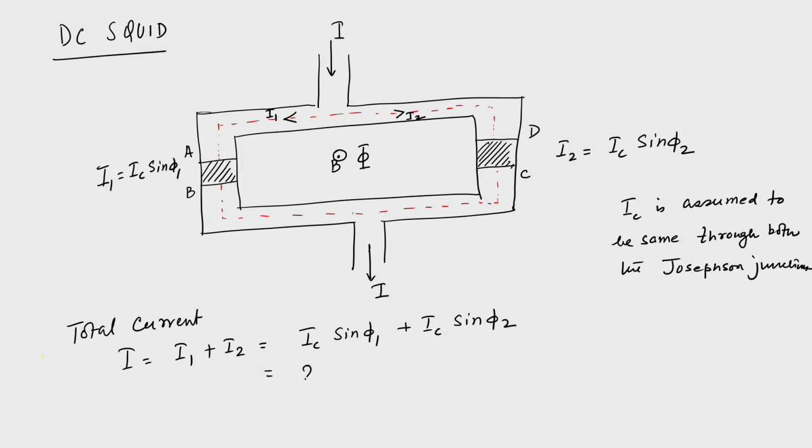So, this is equal to 2 I c cosine of (phi 1 minus phi 2) by 2 and sine of (phi 1 plus phi 2) by 2. This is just applying the trigonometric identity. So, that is the total current.